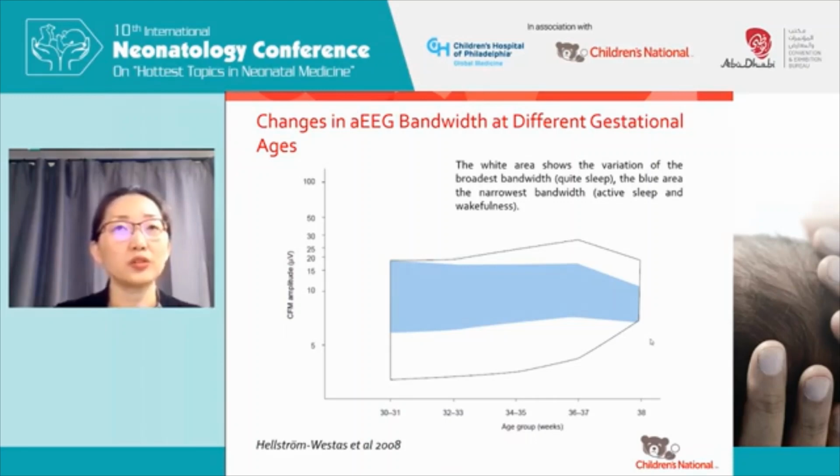So you can also use the A-EEG to tell you maturation, or whether they are appropriate for age or not, or even guess the gestational age if you didn't know that by just looking at the tracing.